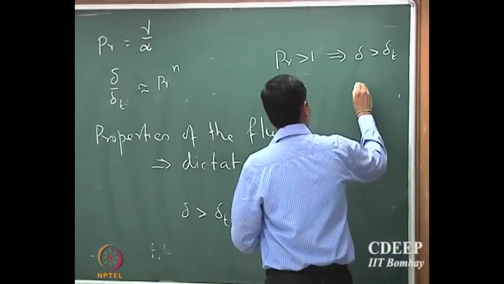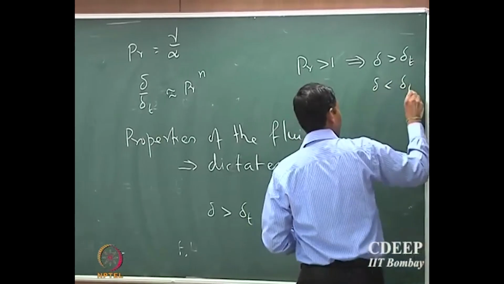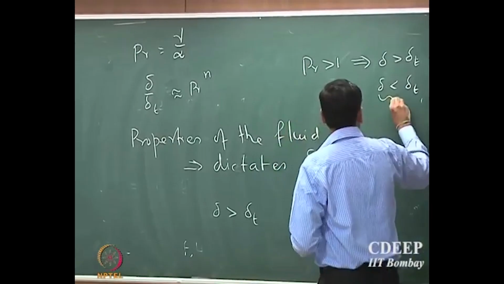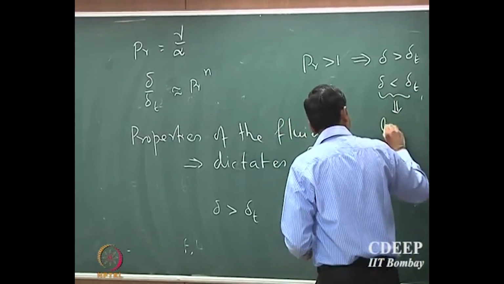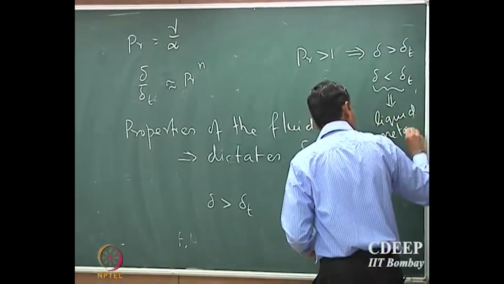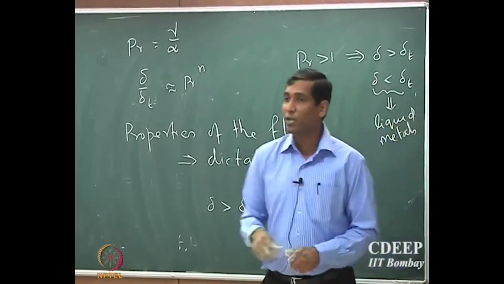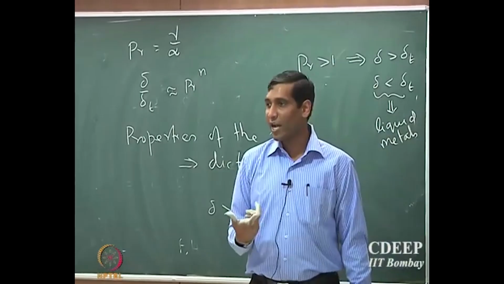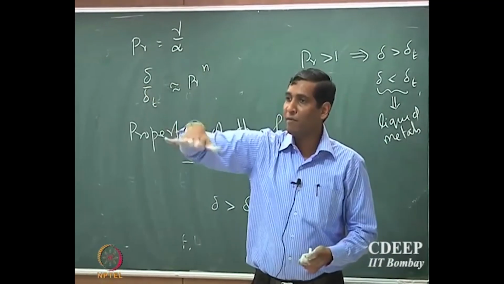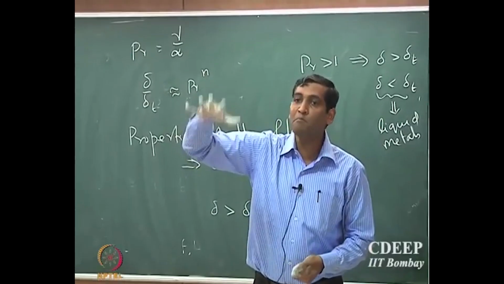Now suppose delta is less than delta T. In fact there are situations where this is the case. This is true for liquid metals. The place where it is used is, the way aluminum is extracted, you have a very high temperature process where the aluminum is manufactured in a molten state.